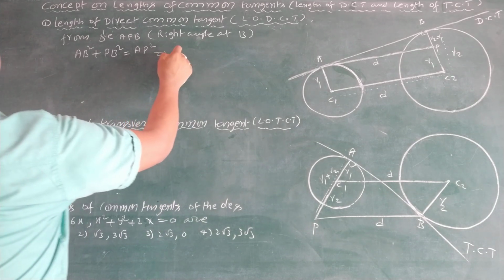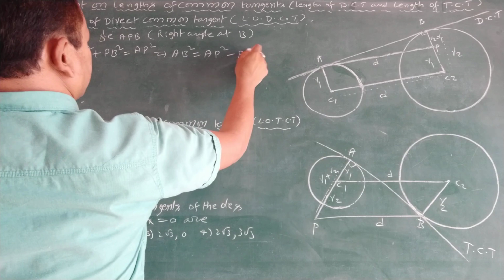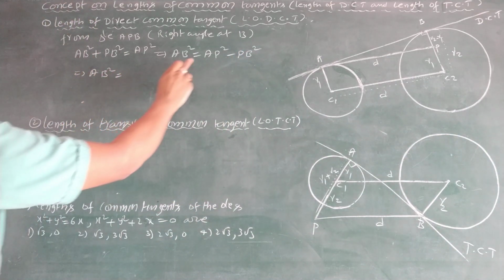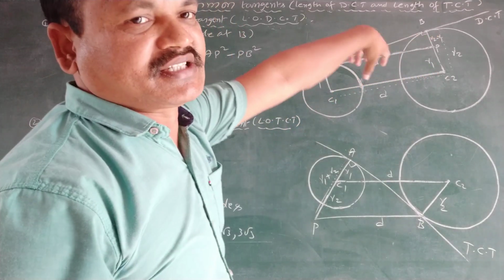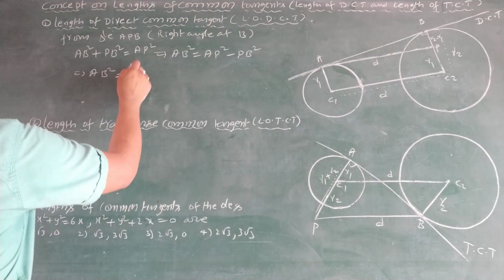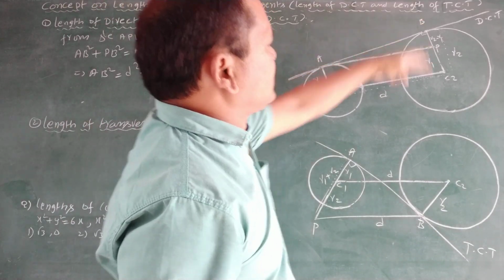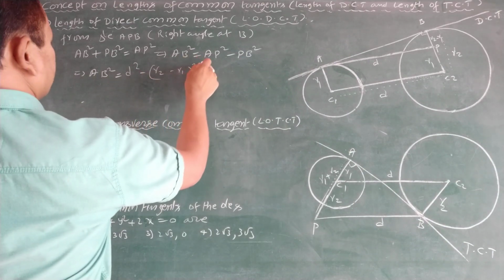Now from this, AB square is equal to AP square minus PB square. What is AP square? AP square is nothing but the distance between the centers, so that is D square, minus PB square. PB is R2 minus R1, that's why R2 minus R1 whole square.